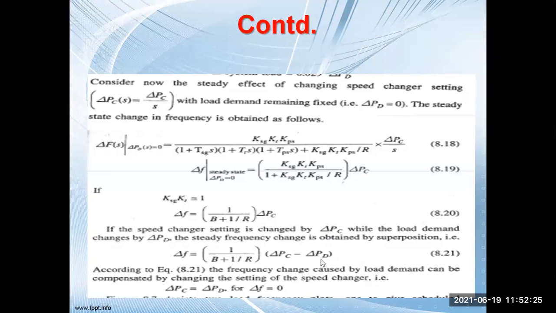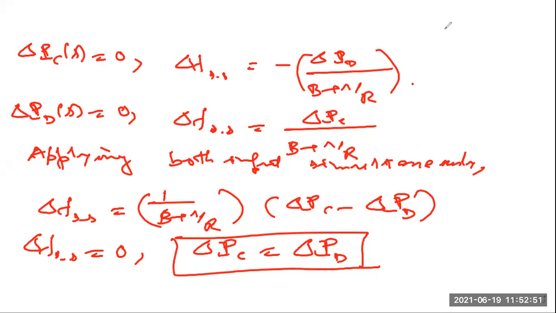So see, I have told you in the beginning that if there is a change in load, so load is increased, what has to be done? Load is increased means the generation is fixed. So what will happen? Let us understand that meaning. So let us say your delta PD is increased.